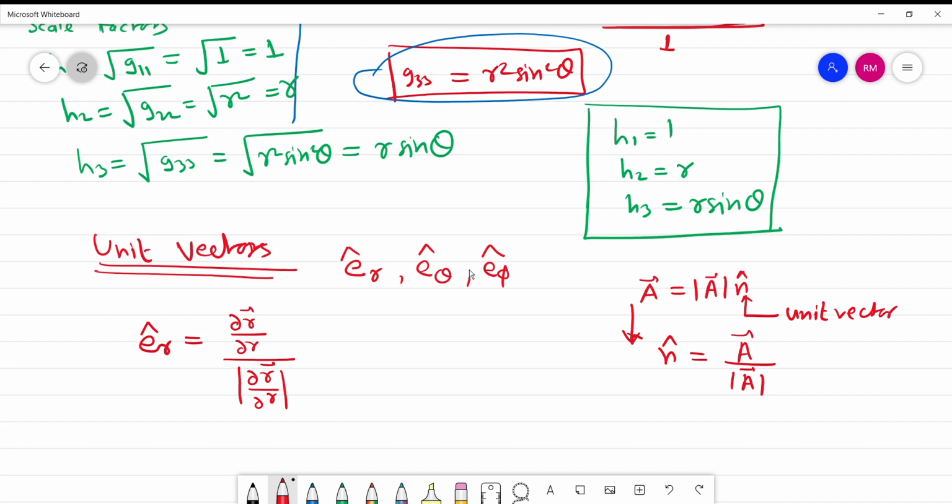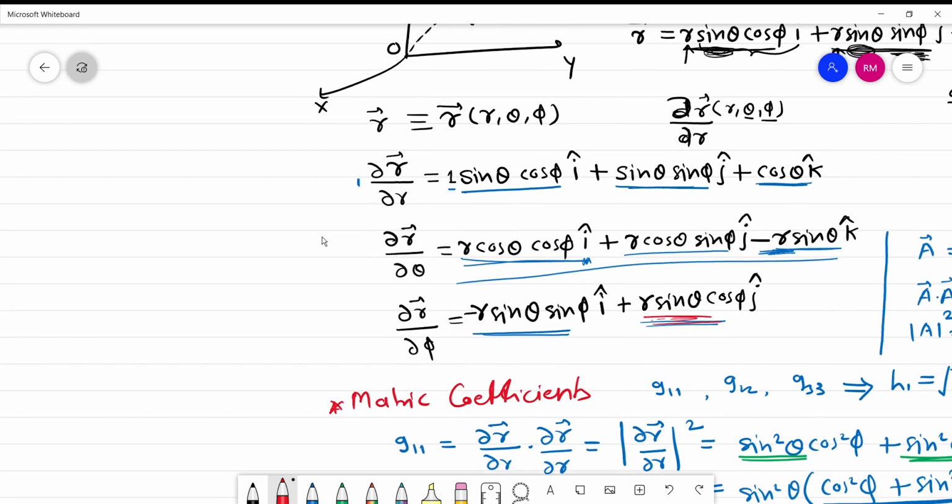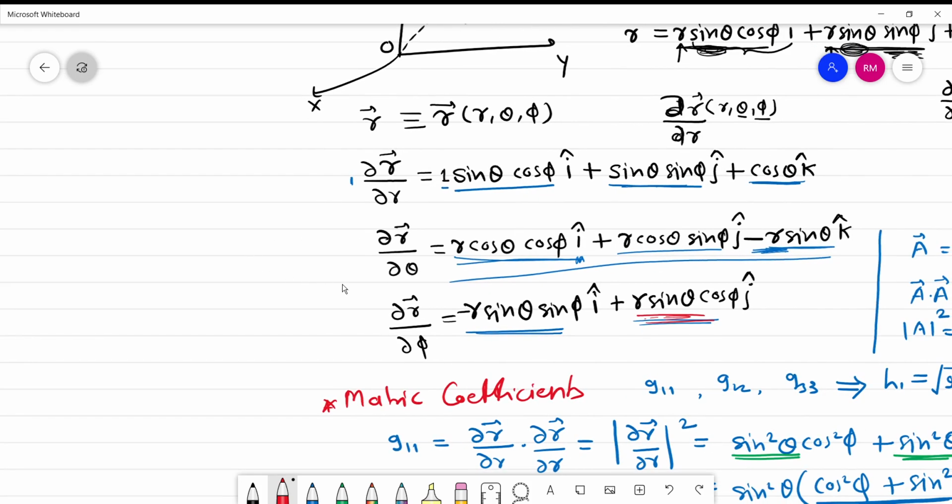As you know, this is a change in r bar in r direction, so it must be in the direction of r, and that direction is contained in e_r cap because this is a unit vector. Okay, so what I know, delta r bar by delta r, here you can see. Okay, let us copy this quantity.